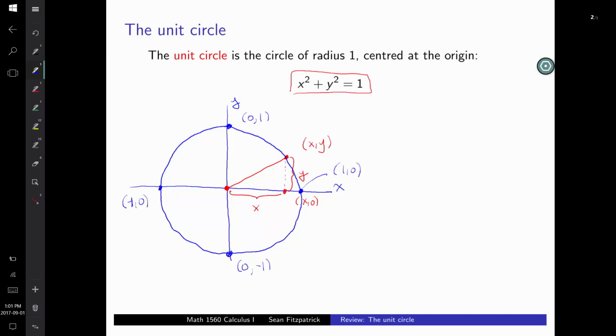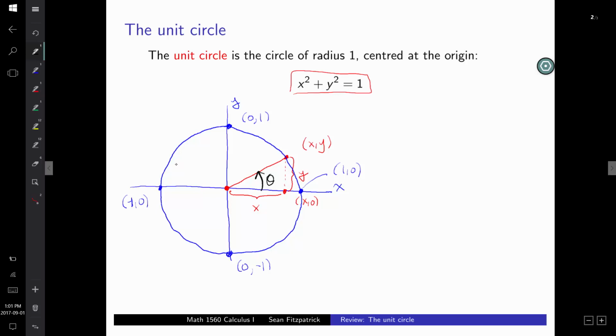Of course there are many other points on the unit circle, but we draw those for now. So that's the unit circle, and what we're interested in is understanding the coordinates of the other points on that unit circle, in relationship to a certain angle, this angle right here as measured from the positive x-axis. We'll call that angle theta, a popular choice for an angle.